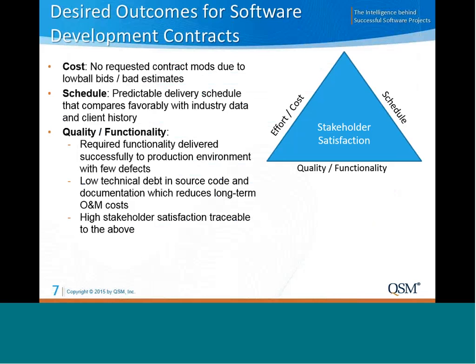On the schedule side, of course, you want a predictable delivery schedule that compares favorably with industry data and client history. And on the quality and functionality side, you want required functionality delivered successfully into the production environment with few defects. You also want low technical debt in the source code and documentation, which reduces and minimizes O&M costs. And then, of course, ultimately you want high stakeholder satisfaction, which good quality and predictable delivery certainly contributes to.